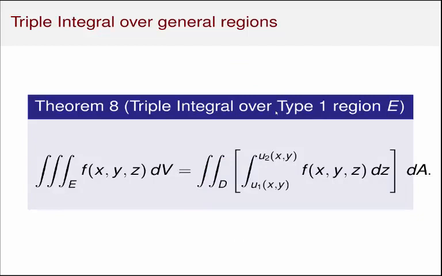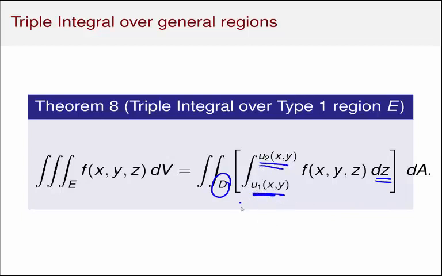Alright, let us see now how we can compute a triple integral over such a type 1 region. Well, basically, this will be given by a double integral over the projection D, followed by the most inner integral with respect to the variable z, from the lower bound to the upper bound.